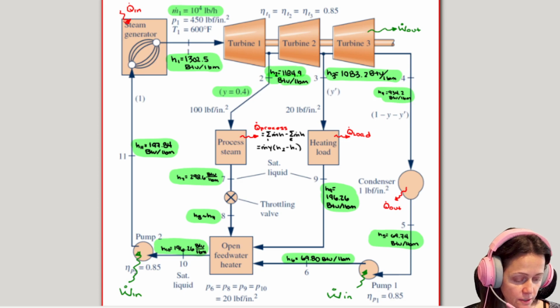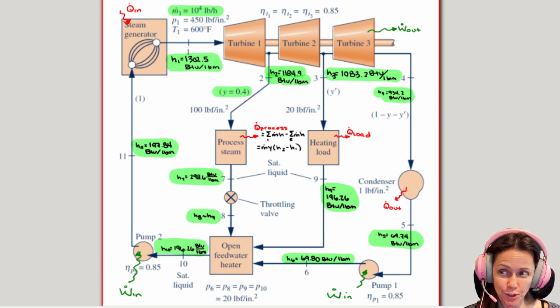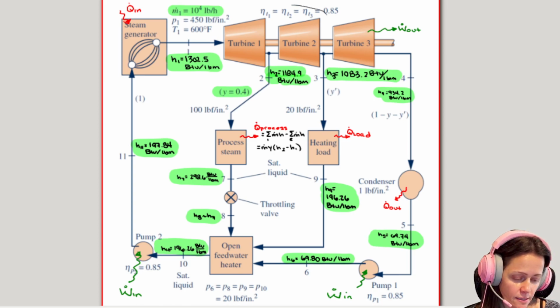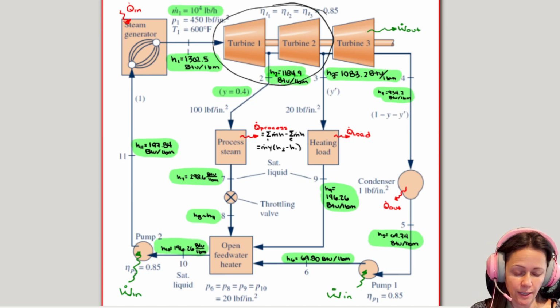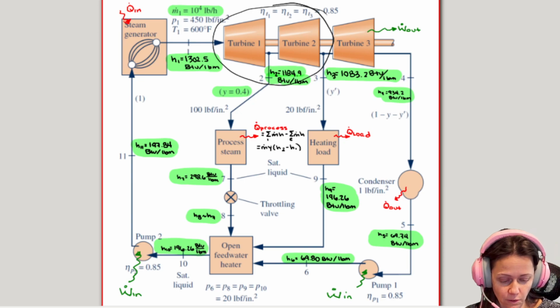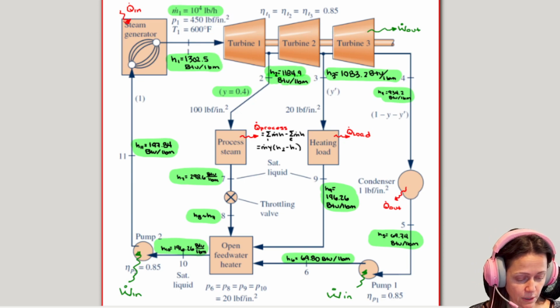So I would say it would be worth, like I mentioned, the isentropic efficiency for your turbines. On a test, if you have multiple stages of expansion, it's very unlikely that the isentropic efficiencies for the first turbines will be anything but 1, because otherwise you need to go back and calculate an entropy value for the inlet of the last turbine, and it becomes kind of a pain, as you saw in the last problem.